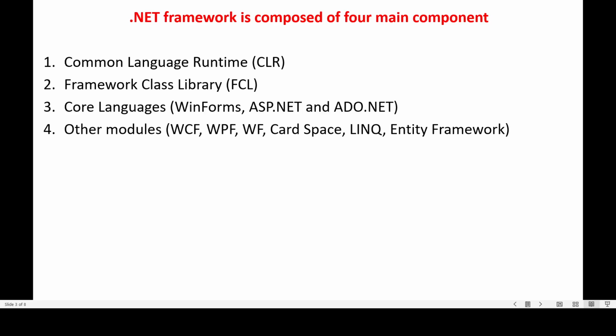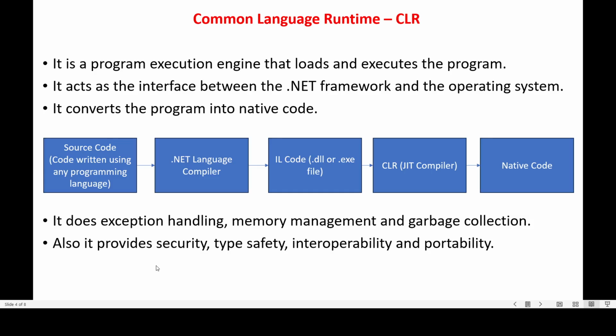In the core languages, we have WinForms, ASP.NET and ADO.NET, and in other modules we have WCF, WPF, WF, CardSpace, LINQ, and Entity Framework. In today's session, we will cover the CLR and FCL, and the remaining components we will look into in the next part.